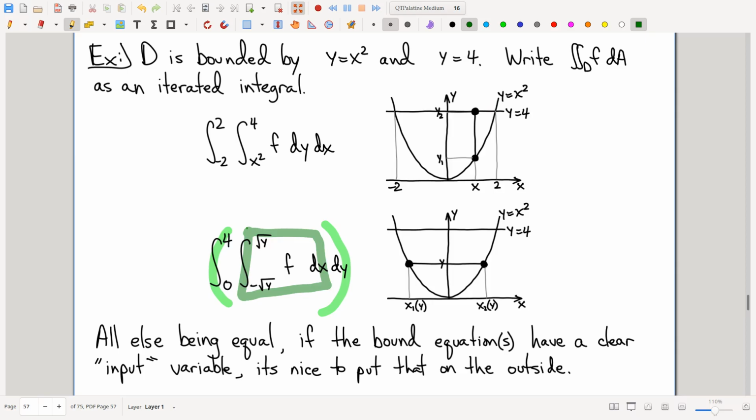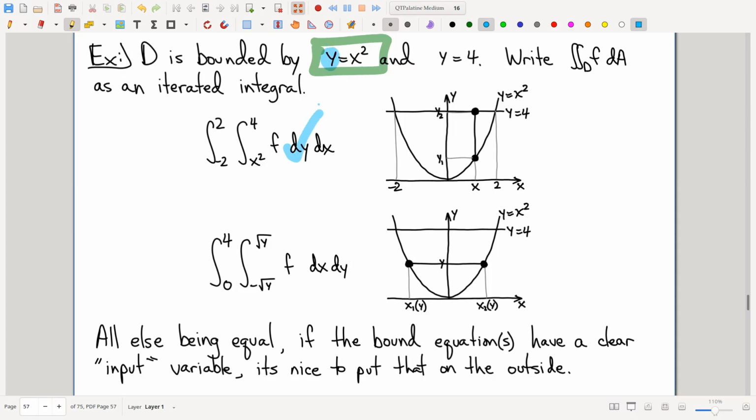Much better. Right? So this is the takeaway, and that is, look at the equations that you're given. Look at the scariest equation that you're given, you might say, and ask yourself which one of those variables would you rather solve for. Whichever one you'd rather solve for. In this case, I would much rather solve for y.